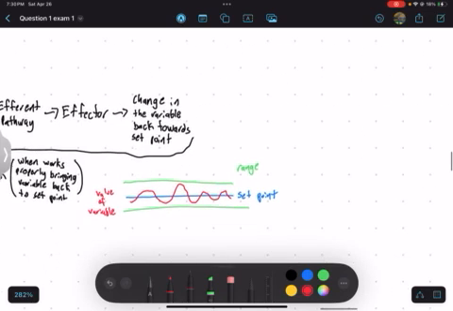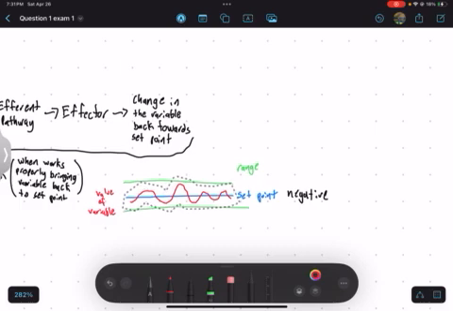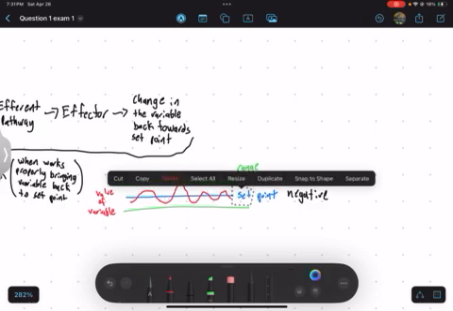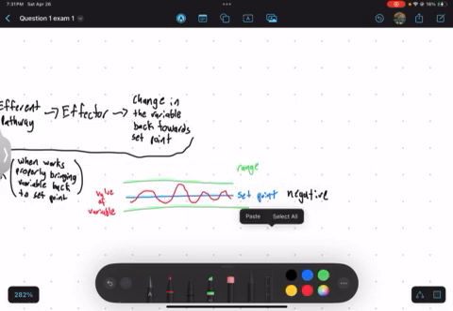This is generally considered negative feedback as well, because as you see right here, it is going away from the set point and then back towards, and then away from, back towards, and then constantly going to set point.